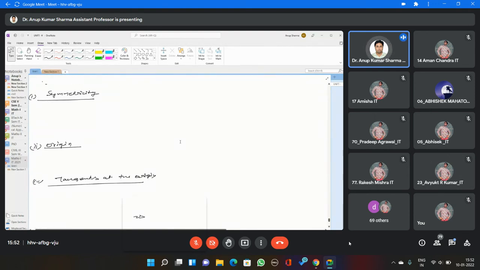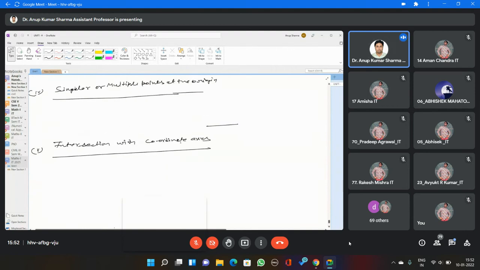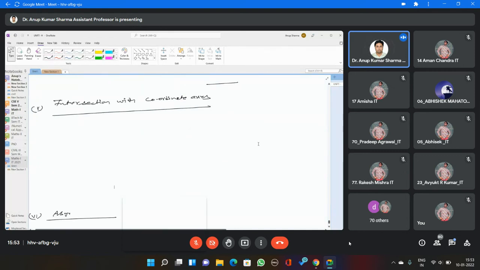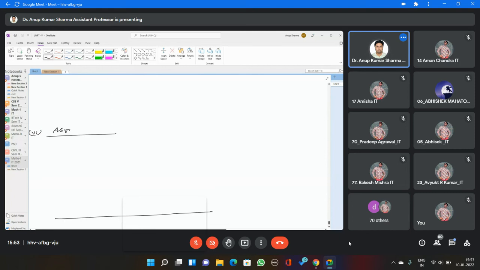Okay, so I think you understood the steps. Only the heading I'm repeating again. I'm writing intersection with coordinate axis. This was the x-axis, meaning intersection at (-a, 0), (0, 0) and (a, 0). Asymptotes: no asymptotes.